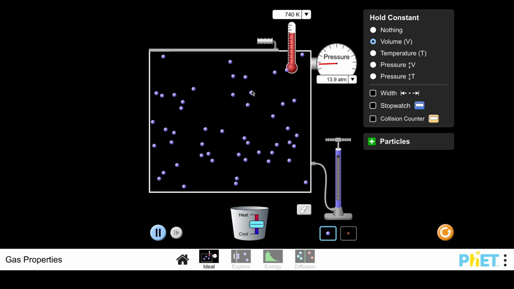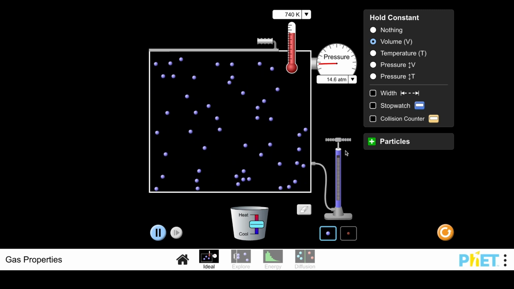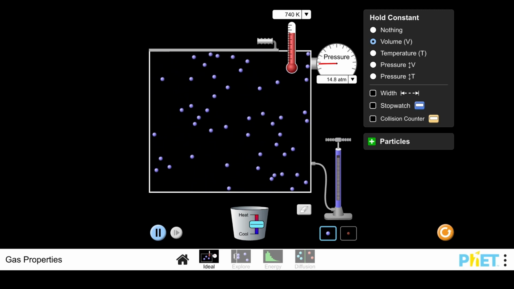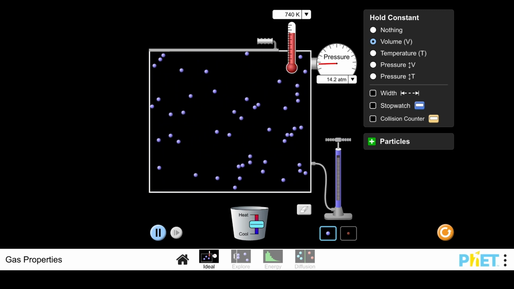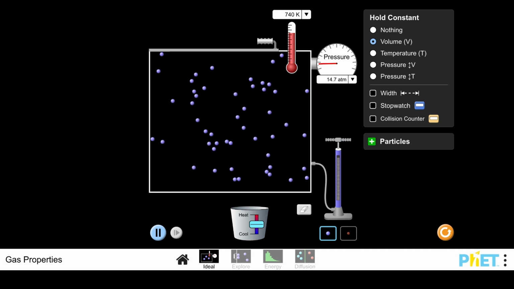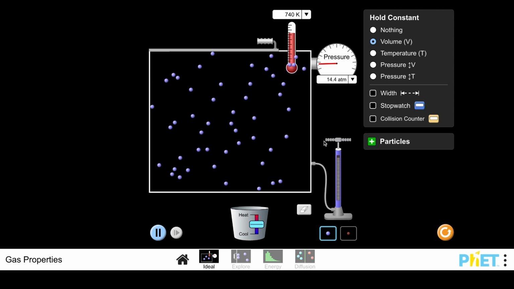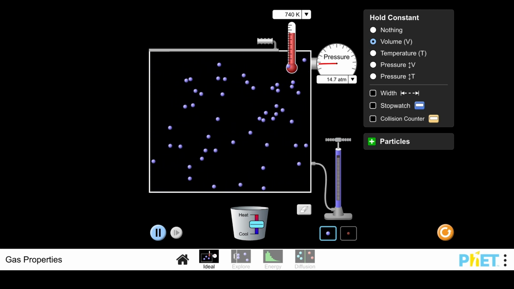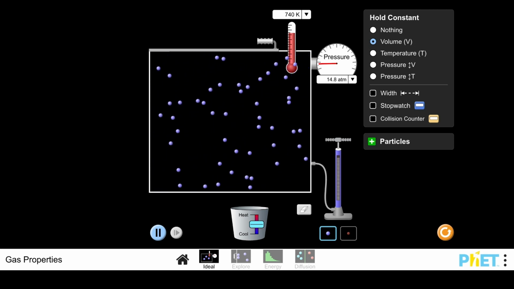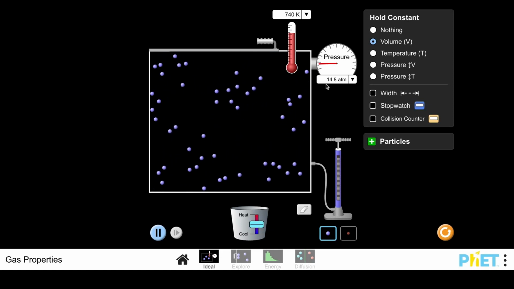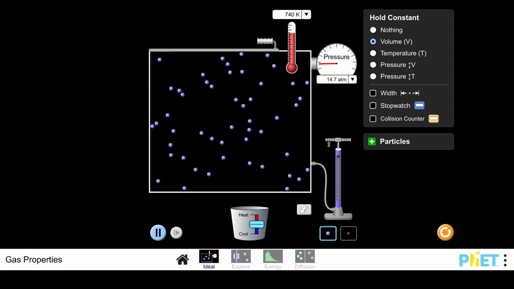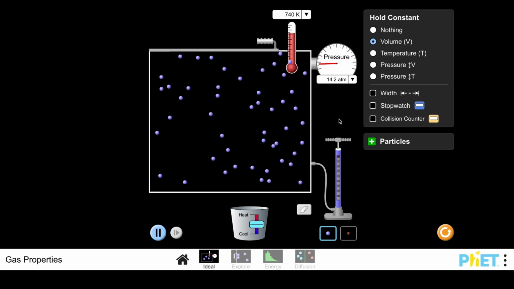Well, you could take a look at the gas particles now, and you can see that most of them are traveling faster than when we originally started. So we could say that one thing that changed is the average kinetic energy of these gas particles increased.